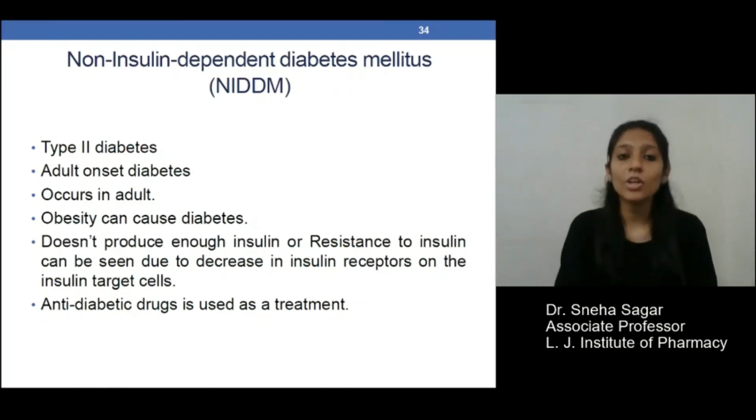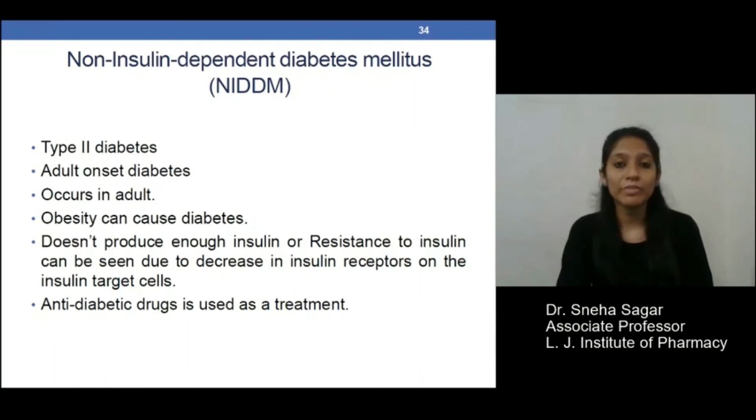Next is non-insulin dependent diabetes mellitus, also known as type 2 diabetes or adult onset diabetes. It generally occurs in adults because of factors like genetic, environmental or lifestyle factors. Obesity, for example, can cause diabetes.